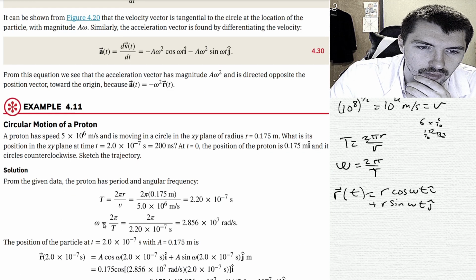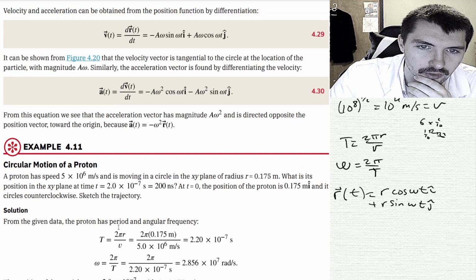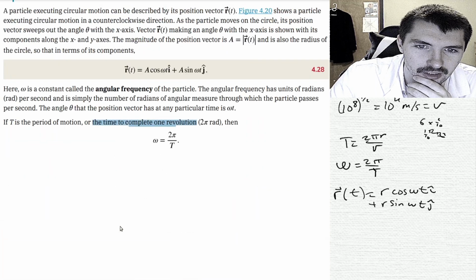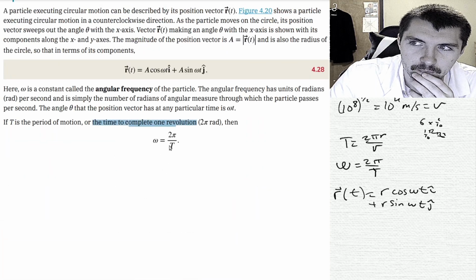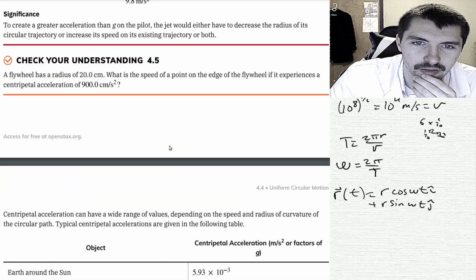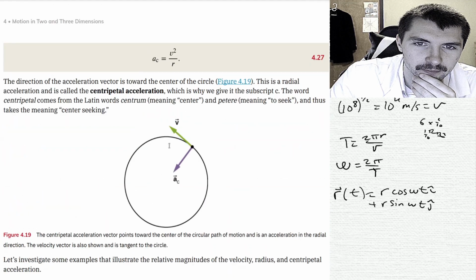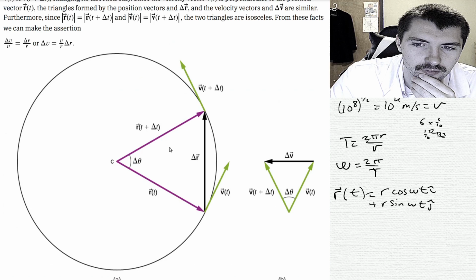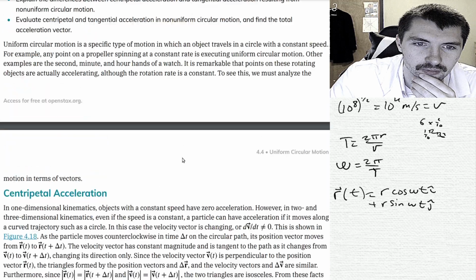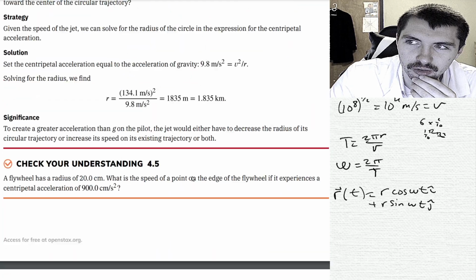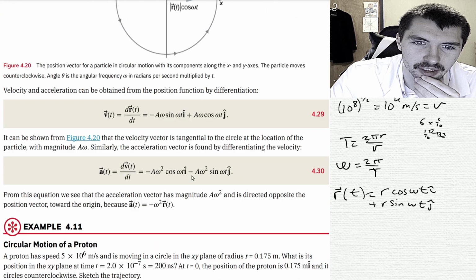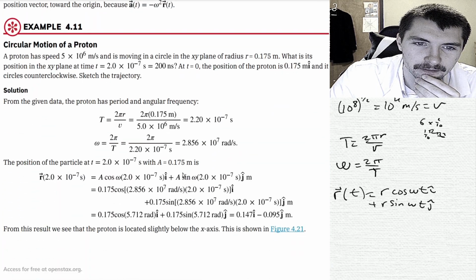They don't even mention this anywhere. Omega is 2 pi over T. Okay, it's here. Okay, so where is 2 pi R over V? I don't think they say anywhere. No, they don't. That kind of makes me upset. They kind of just pull this equation out of nowhere.